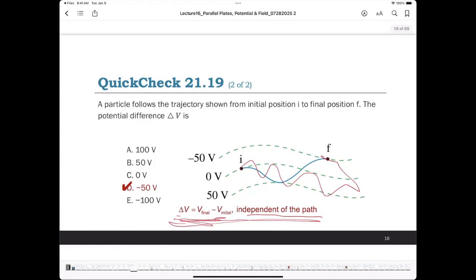We use this equation, and the potential difference is independent of the path. Even if the path goes like this, it is also a 15 volt difference.